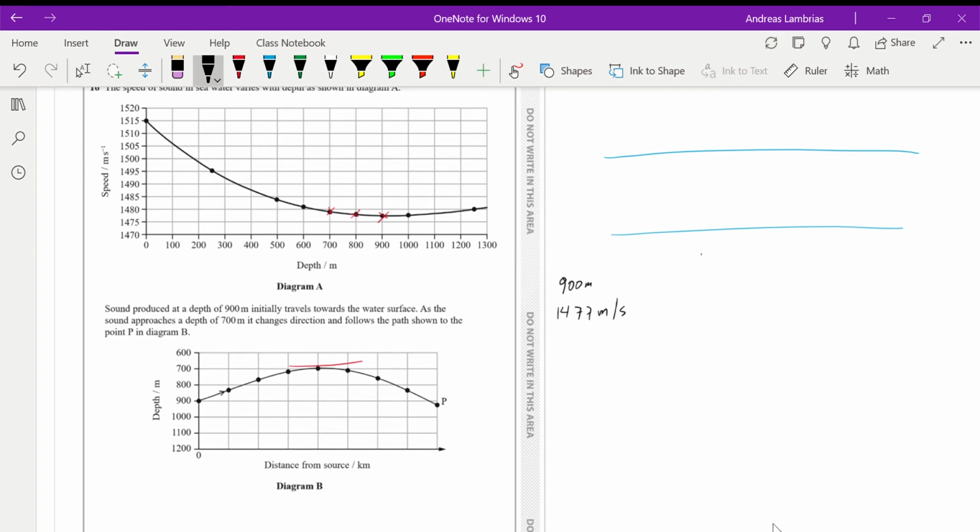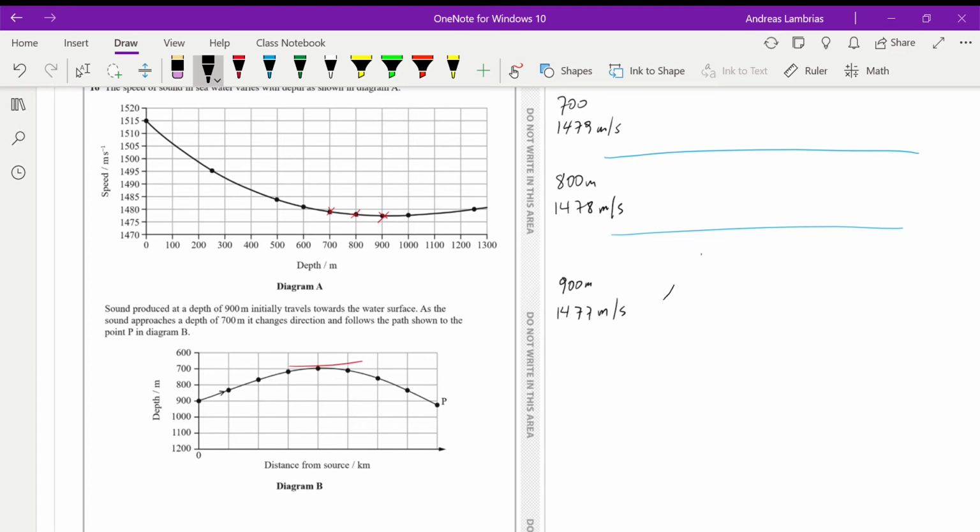Then when the wave goes into 800 meters, from the graph we see that the speed increases slightly. And if it goes to 700, it increases even more, which is around 1,479. So I'm just drawing this so you can understand what is actually happening.